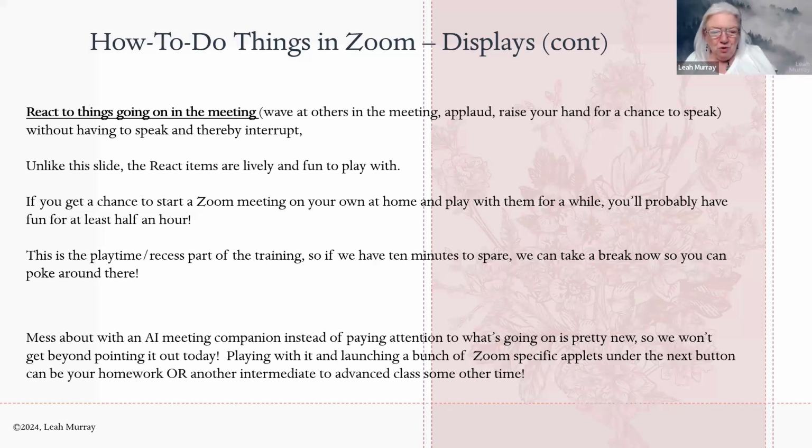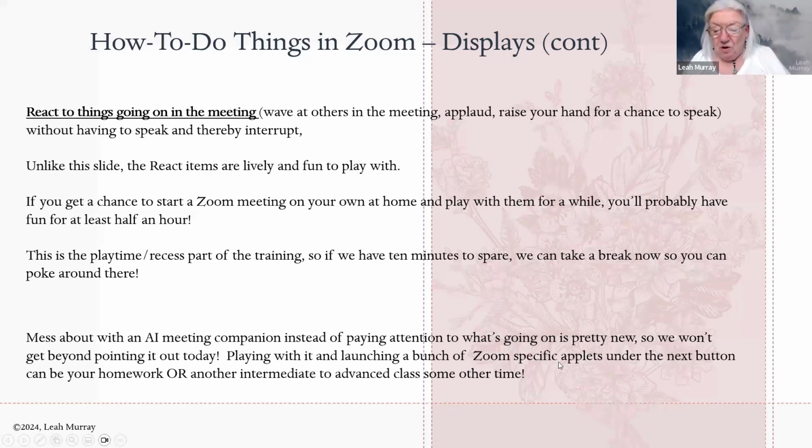I encourage you to do that right after this meeting if you have the time, or to just start up your Zoom sometime when it's quiet and poke those things just to see what they do. You can also, on your Zoom bar, mess about with an AI meeting companion.